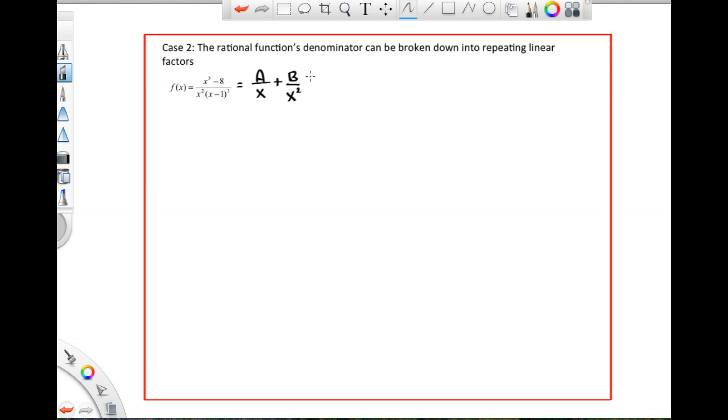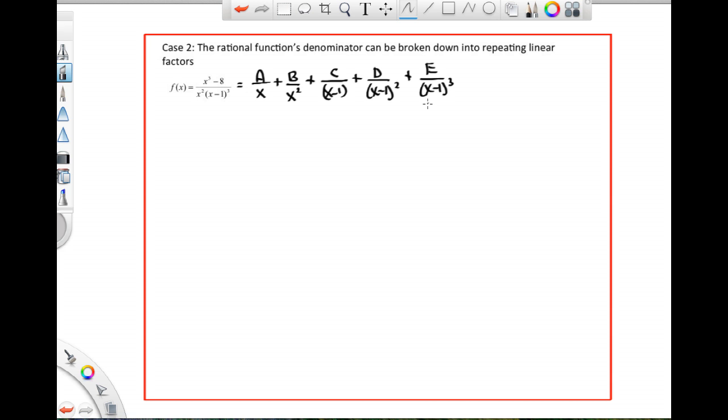If you have x minus 1 cubed, then that could come from a c over an x minus 1, a d over an x minus 1 squared, or an e divided by an x minus 1 cubed.